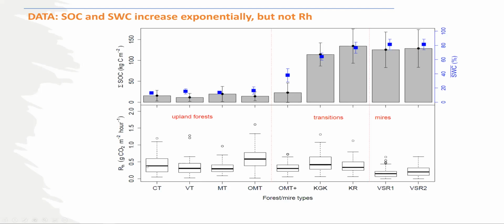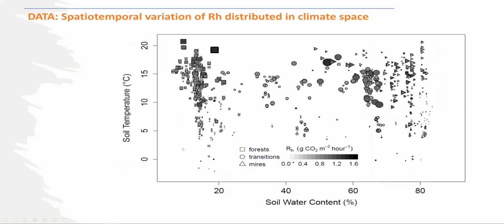But on the other hand, soil respiration doesn't show a correlation, some increase with moisture. There is quite a lot of variation in all these sites. These are soil respiration measurements of forest, transitions and mires, plotted as instantaneous, let's say, 1 hour measurements, in the space of the soil water content in the landscape.